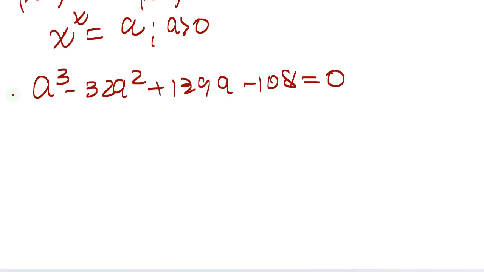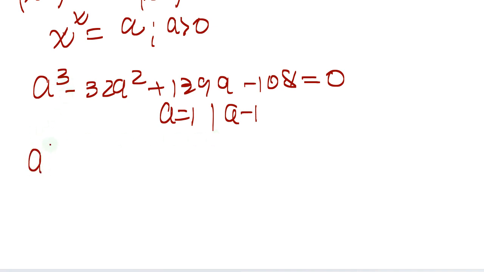So from here, let's see guys, if a is equal to 1, this is going to be 0, so a equals 1 is a solution for this equation. So I'm going to simplify to have this in terms of a minus 1, right?